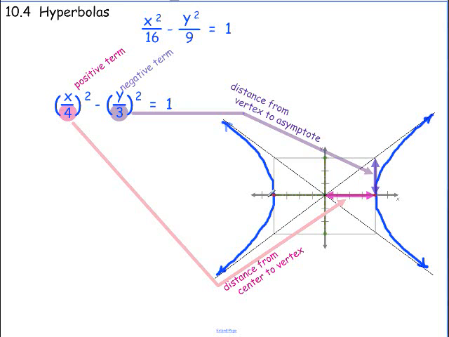There's another thing we have to pay attention to. We'll do it in just a moment. You'll notice that the transverse axis is horizontal here. This one has a positive sign on it, and this one has a negative on it. This determines which is the transverse axis. It determines whether the vertices lie right here or here.